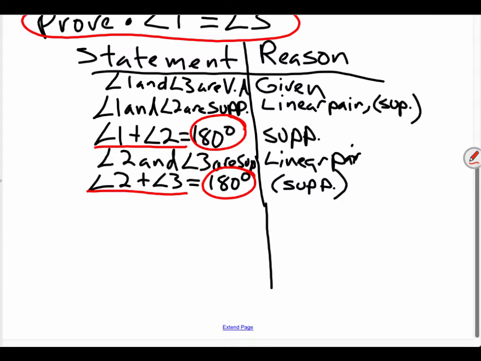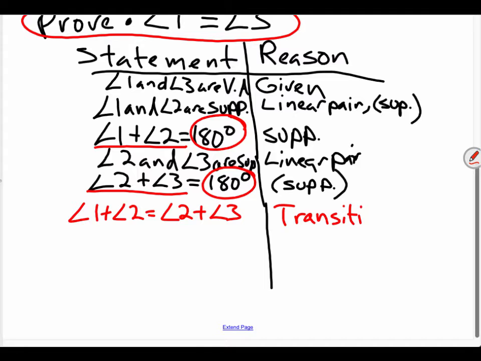So what can I say or do? I could say angle 1 plus angle 2 is equal to angle 2 plus angle 3. And that would be the transitive property, right? And some of you might be guessing, well, isn't that substitution? Yeah, it's kind of substitution too. Now, what do we do? What's the next step?